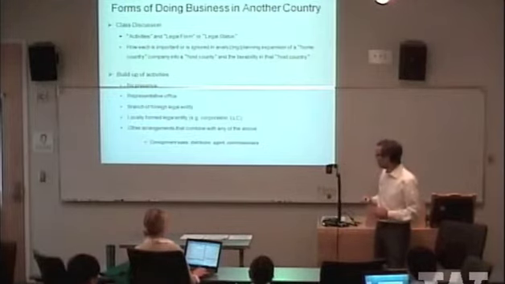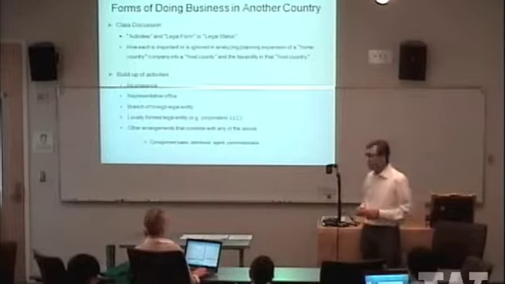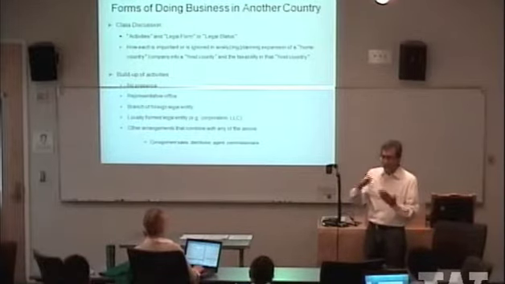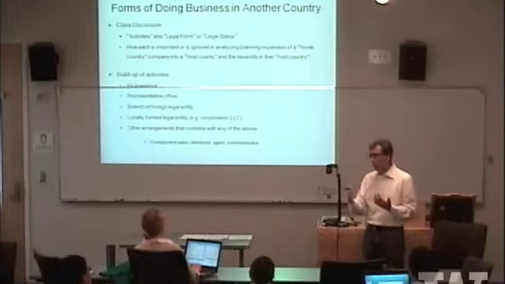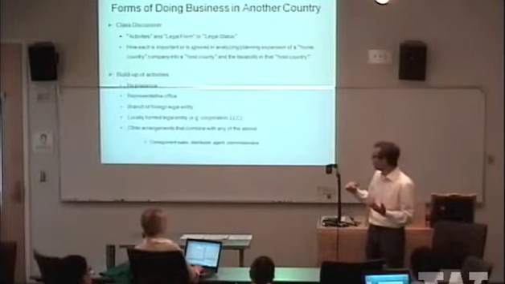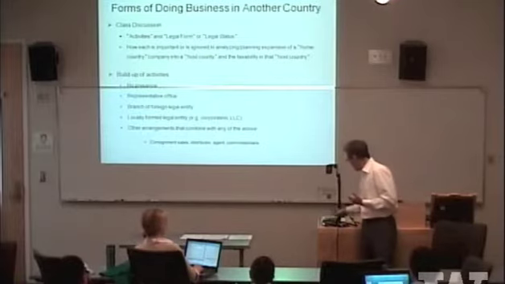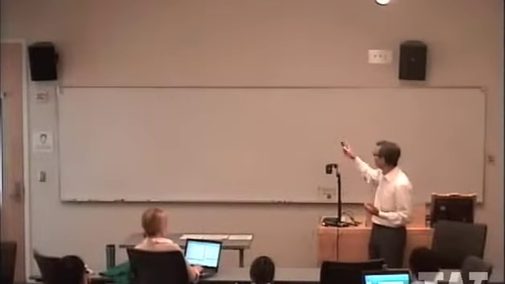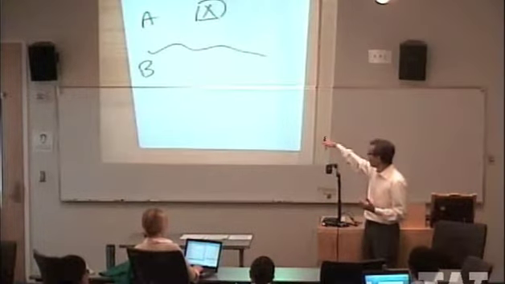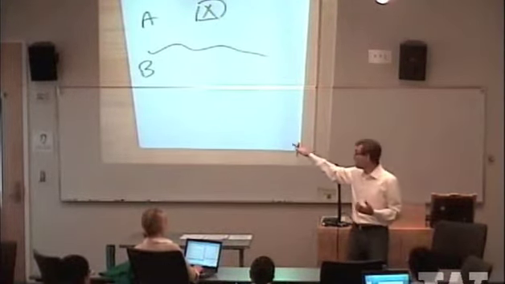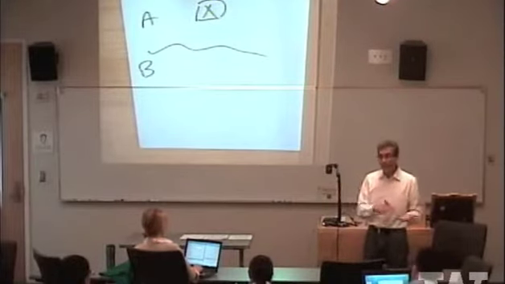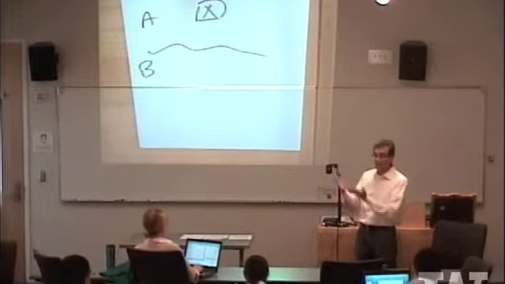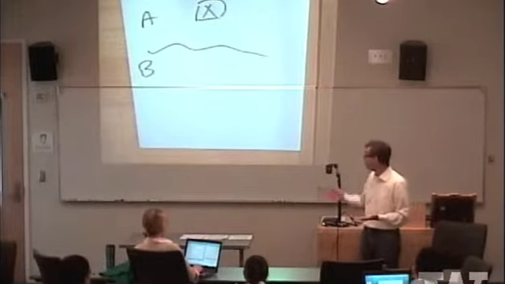The next item, branch of a foreign legal entity, that again may or may not in a particular country have a real legal definition, but we usually see it as being where a foreign company, X in this case, has enough activities in country B that it probably has a need to register in some way as a foreign company doing business within country B.